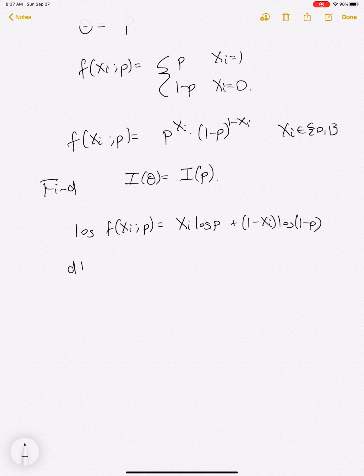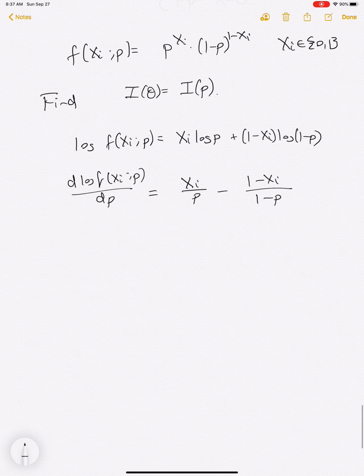So d log f over dp is going to be xi over p minus (1 minus xi) over (1 minus p). I believe that's right, or should it be a plus? I think that's correct. Yeah, that's correct.